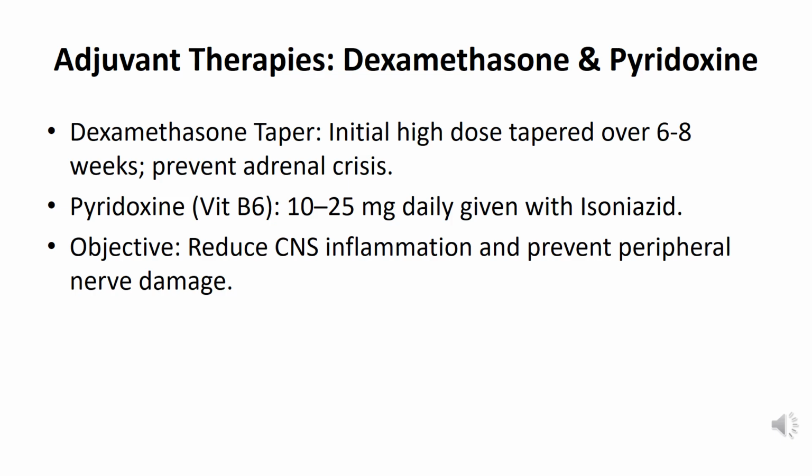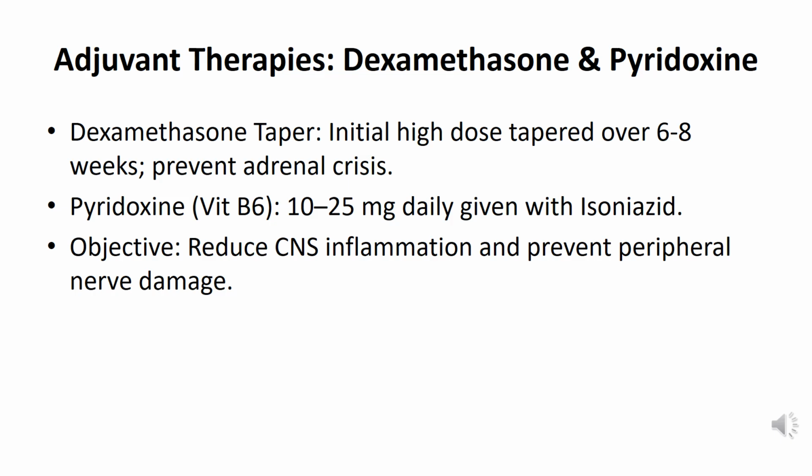While anti-tuberculosis drugs target the infection itself, these supportive therapies help protect the nervous system from additional harm. The overall goal is clear: reduce inflammation within the brain and spinal cord, protect nerve function, minimize complications, and give patients the best possible chance of a full recovery.